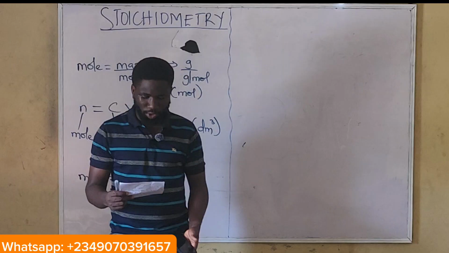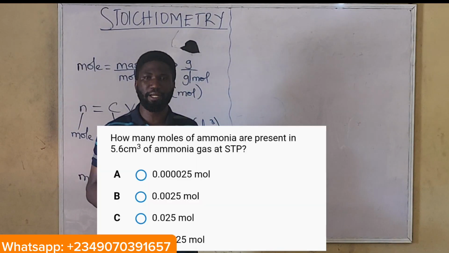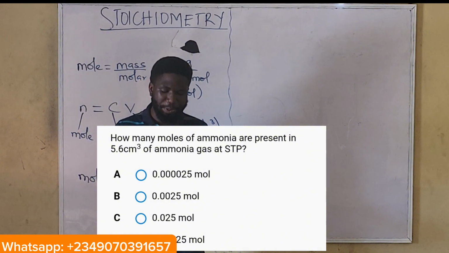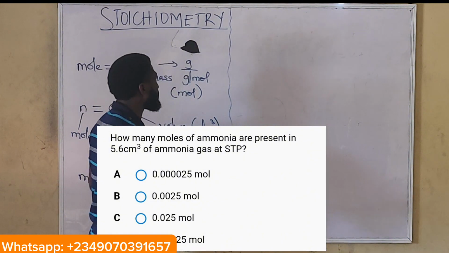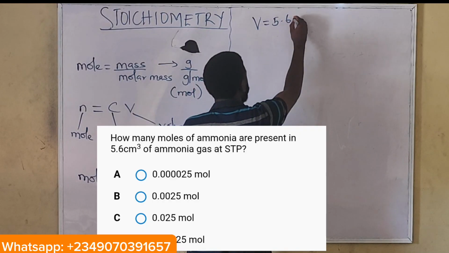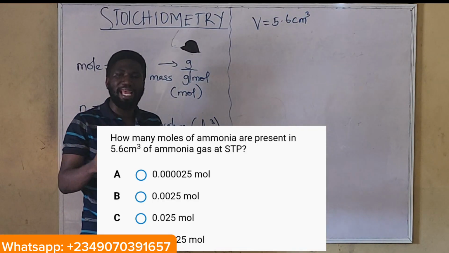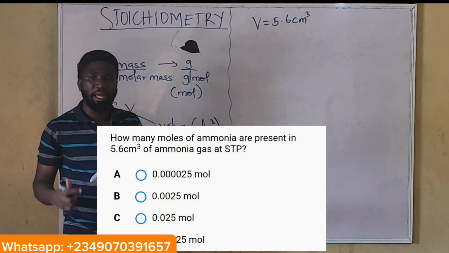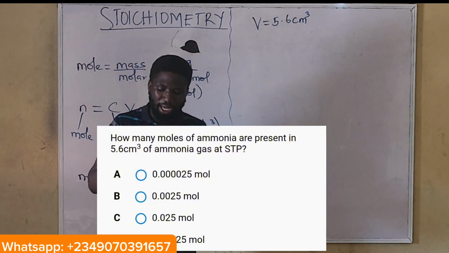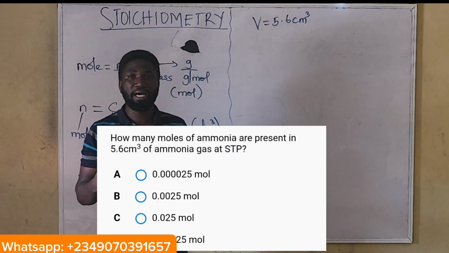So let's check. Number 1 here says, how many moles of ammonia are present in 5.6 dm cube of ammonia gas at STP?